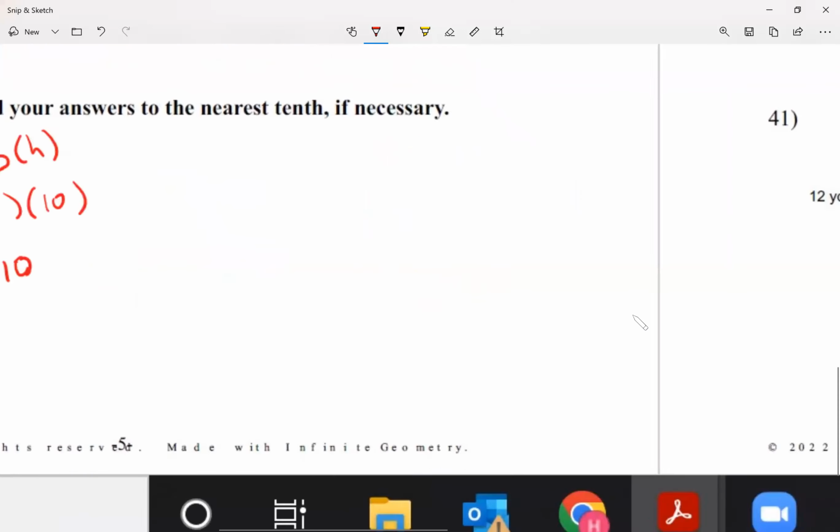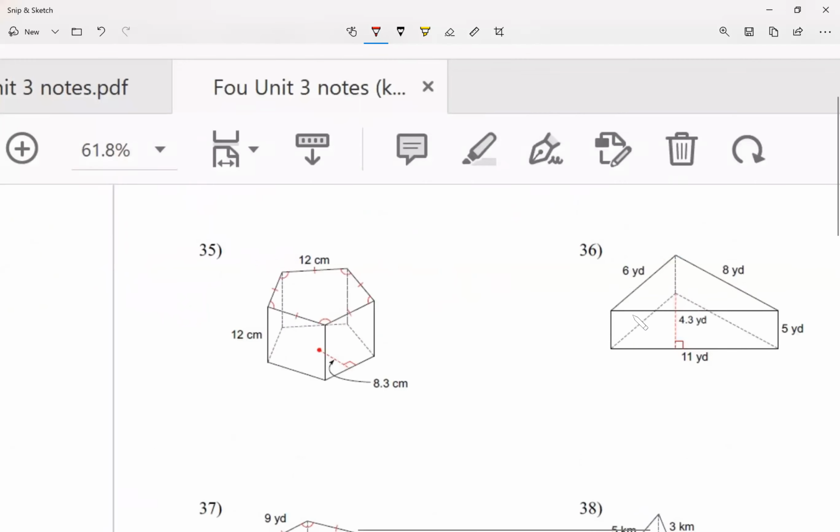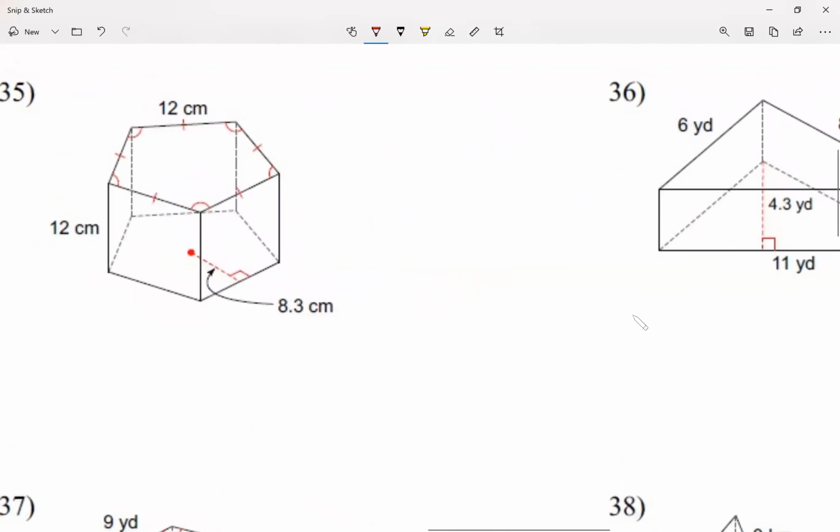Let's take a look at question number 35. Remember, I'm going to go area of the base times the height. The base in this case is a pentagon, right? 5 sides. Let me highlight it. When I deal with pentagons, I know each measurement outside is 12, and I got that from here.